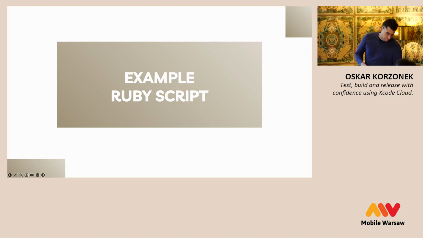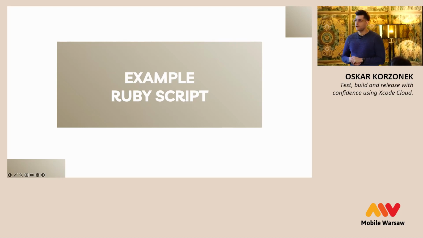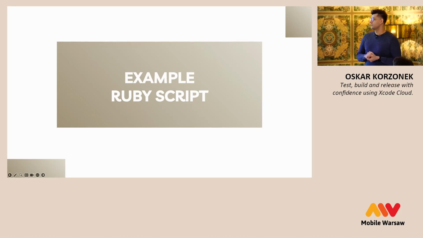So I have one example we used in my previous company. With bundle identifiers, it's also tricky with Xcode Cloud because, like I said, when you configure the workflow, it works with the selected bundle identifier. And it's good to use different identifiers for different environments.